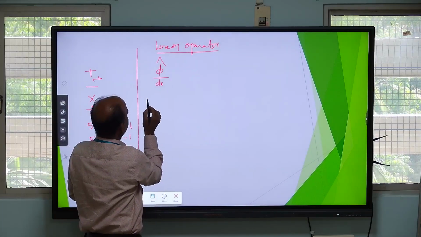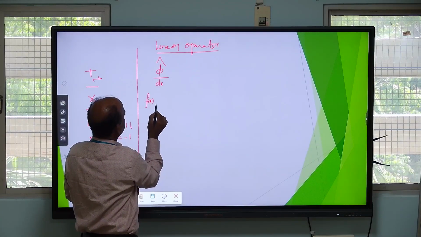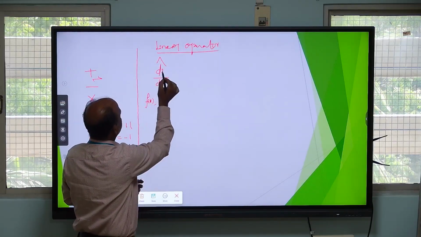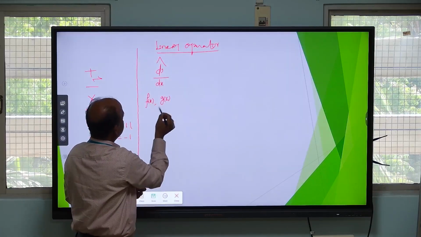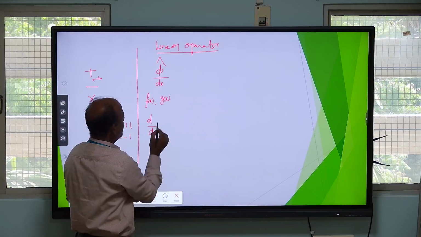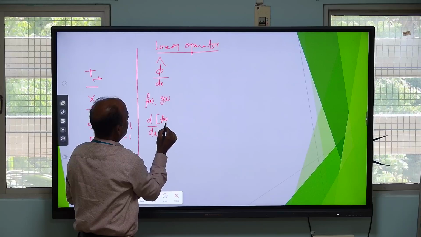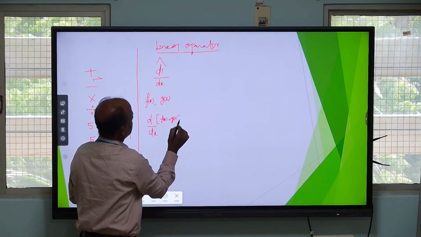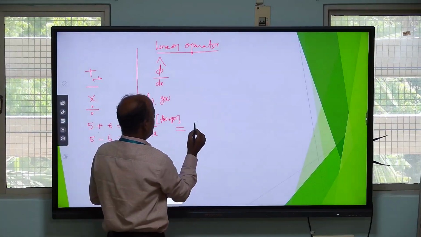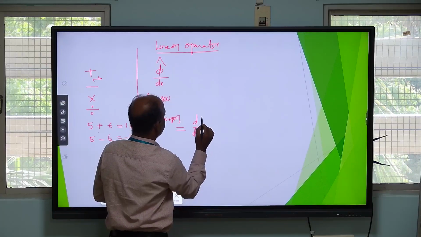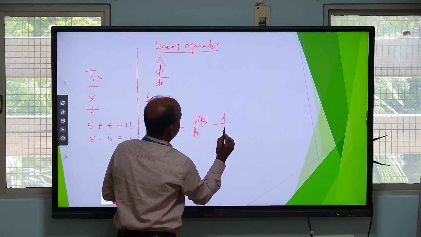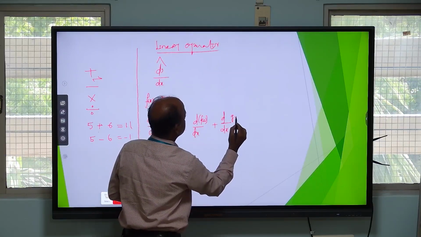Because if you take the functions f of x and g of x, and operate d by dx on them collectively, d by dx of f of x plus g of x can be written as d by dx of f of x plus d by dx of g of x.